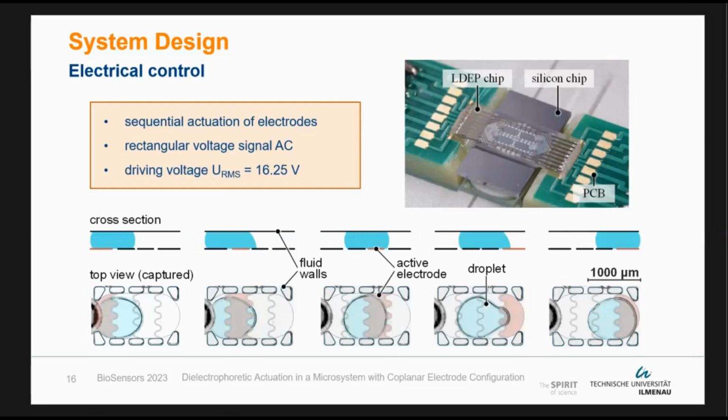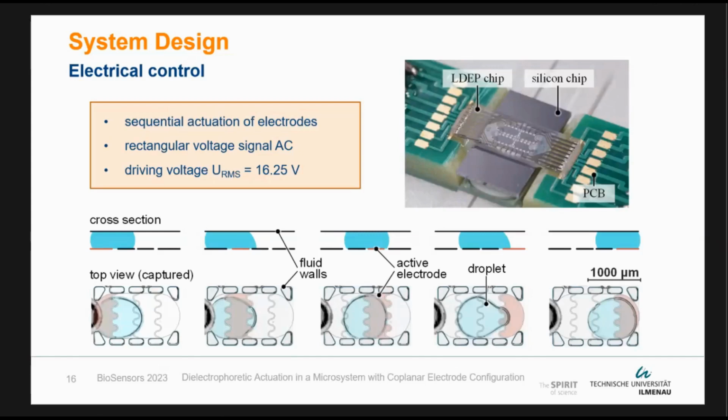And now for the actuation, why an AC signal? Because of the pulsing, we first initiate a slight vibration of our droplet contour, which helps to overcome sticking forces, and it also prevents charging of dielectric layers. Then we can simply actuate the adjacent electrodes sequentially.